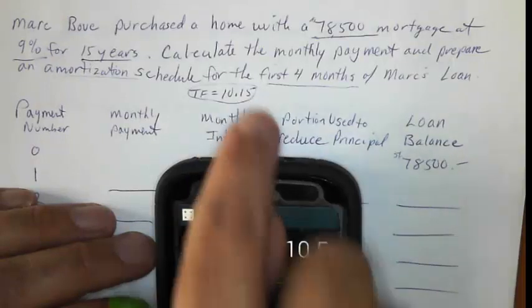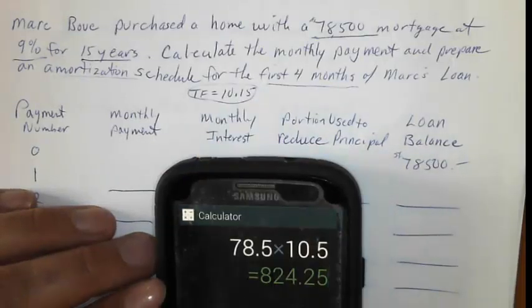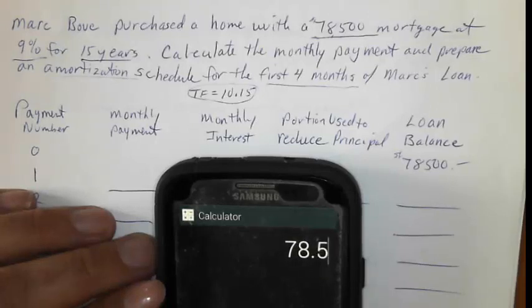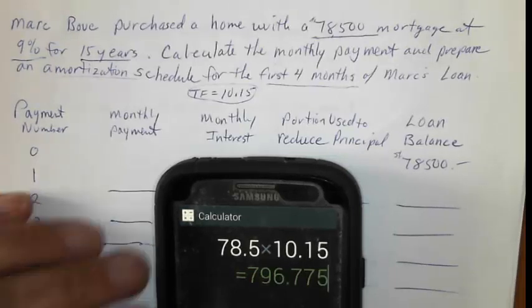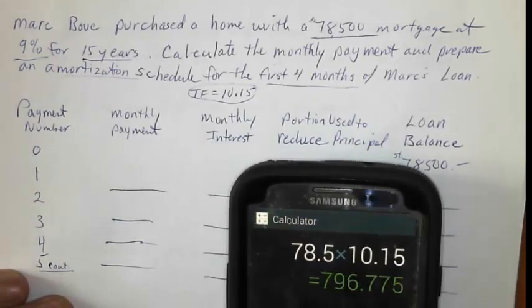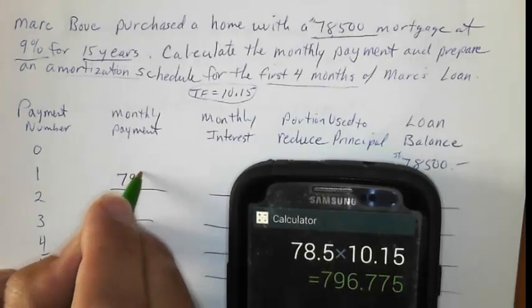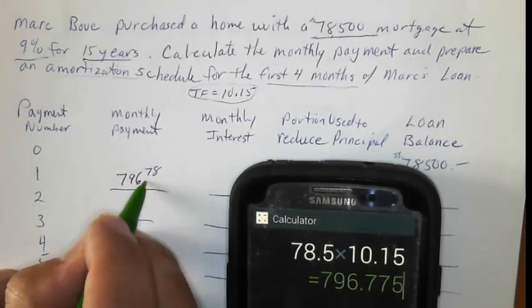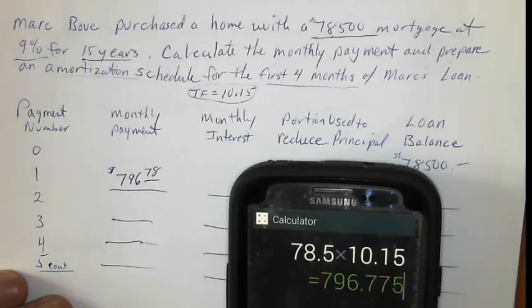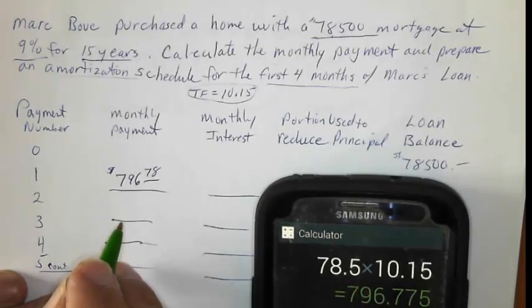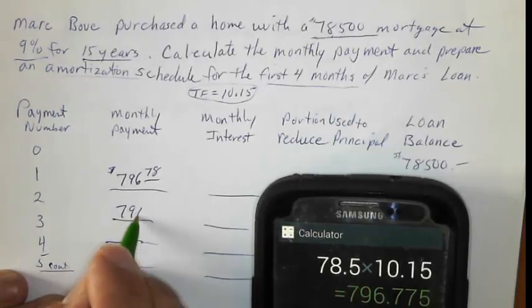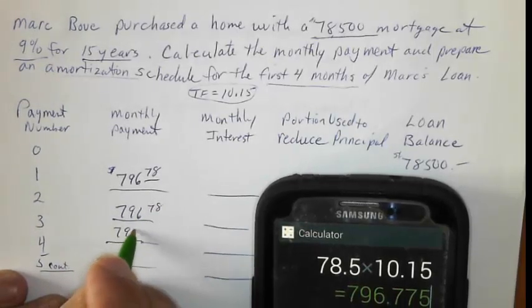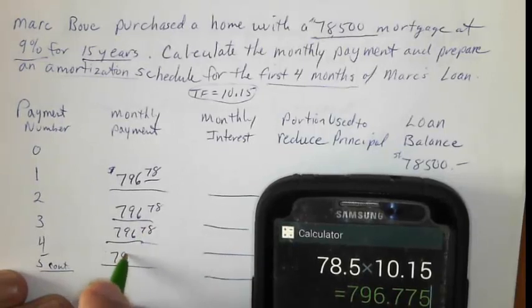But I noticed that my 1 didn't catch there, so I'm going to redo this. 78.5 times our 10.15 to get our 796, and they're going to round up always, okay, for our monthly payment. So that's going to be our monthly payment all the time, so it really doesn't matter. We can just fill that in here because that part isn't going to change.